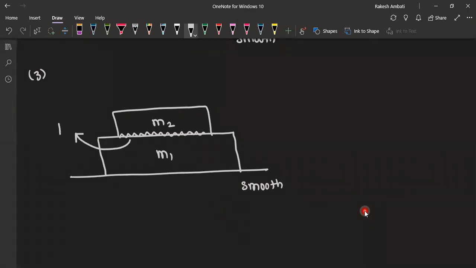Coefficient of friction is given mu. On this block, applied force is given K into T. T means the time. K into T.